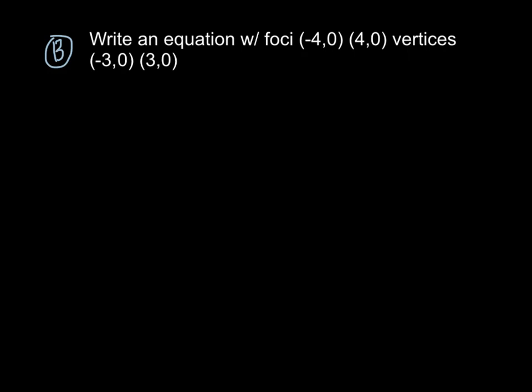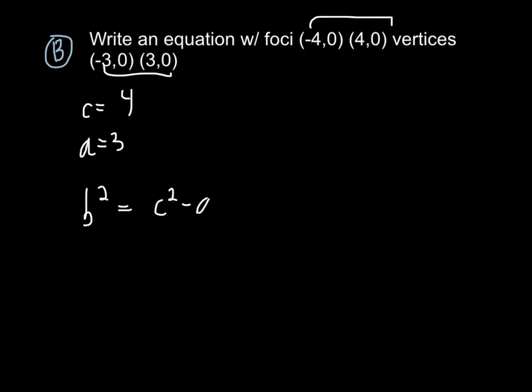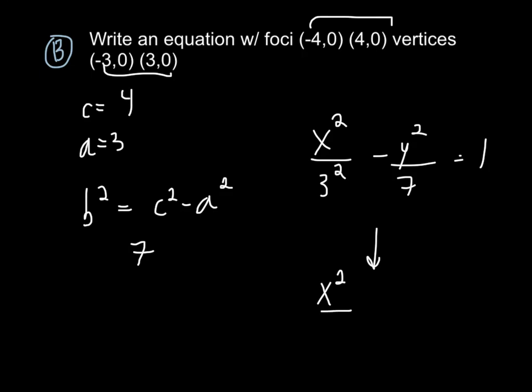From these points, we can gather that c equals 4 and a equals 3. Next, we can find b by plugging in b squared equals c squared minus a squared, so we have 7. Therefore, our equation is x squared over 3 squared minus y squared over 7 equals 1, or x squared over 9 minus y squared over 7 equals 1.